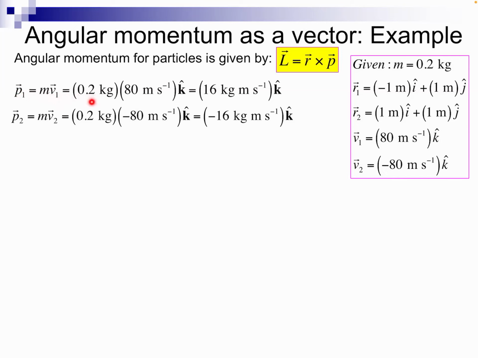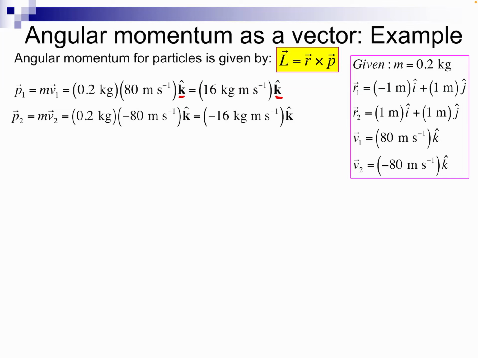So for the Jaffa ball that's moving in the k hat direction, we have the mass times 80 meters per second in the k hat direction, giving you a linear momentum of 16 kilograms meter per second in the k hat direction.